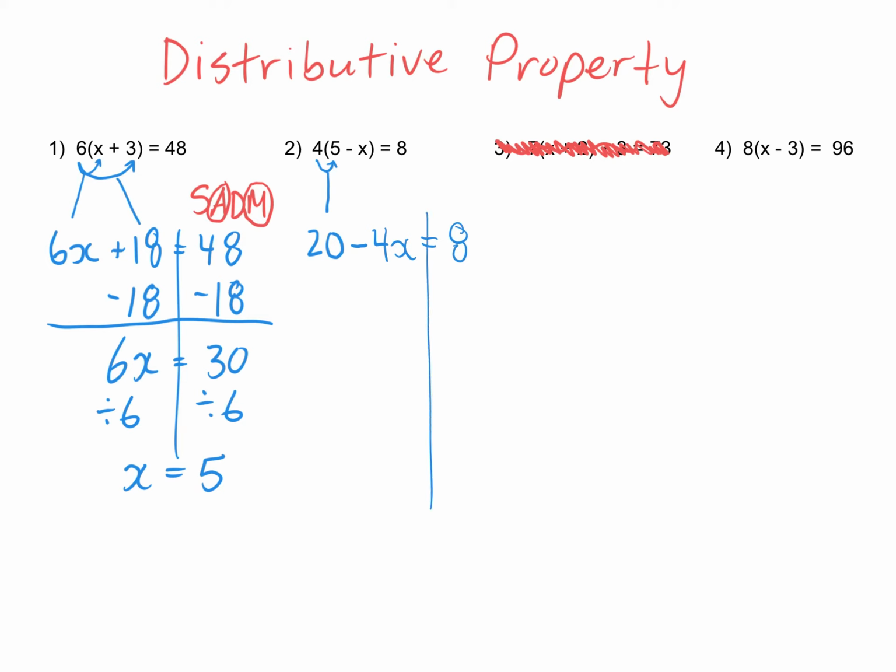So in this question, we've got some multiplication, because this is 4 right next to the x, so that's multiplication. And now here's where it gets tricky. This looks like we have subtraction, but the number we're concerned with is this 20, and right now this 20 is positive.